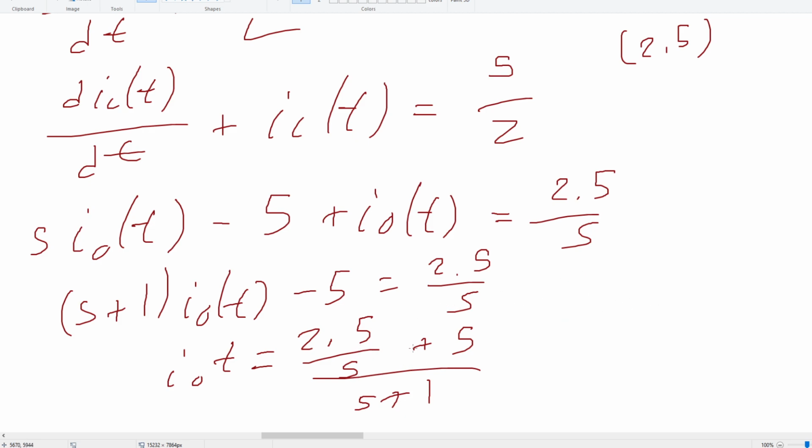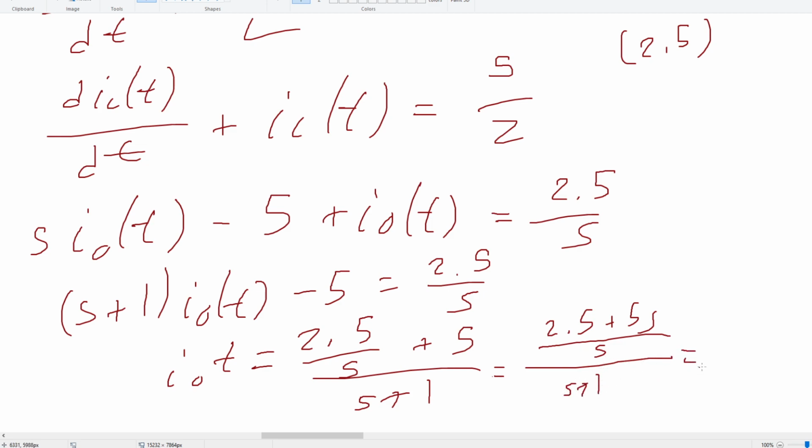Oh, we have to do this. Okay, I'm gonna have to solve this out in my head. So this is 5s, right? Wait, hold on. 2.5 over s. Yep. This is going to be 2.5 plus 5s over s divided by s plus 1.